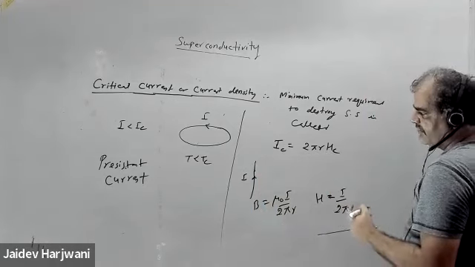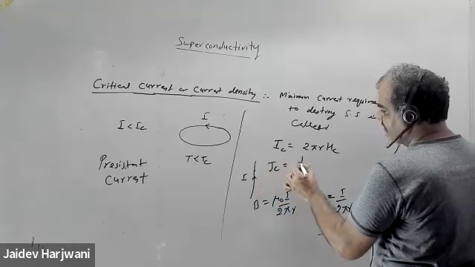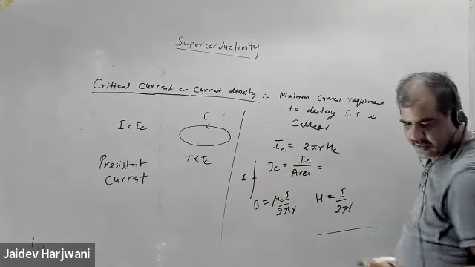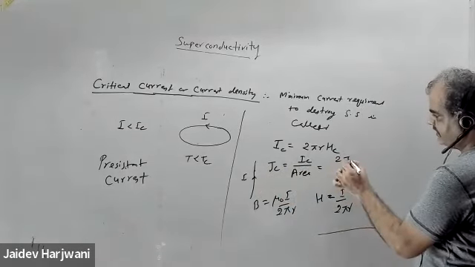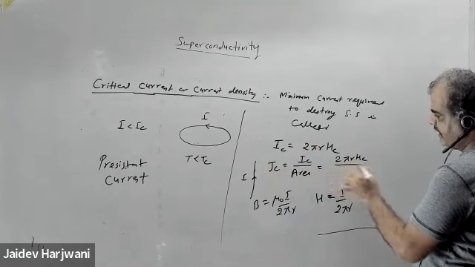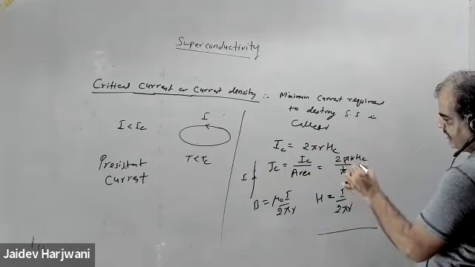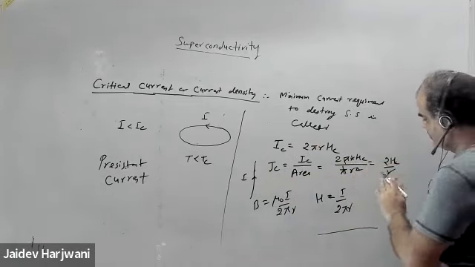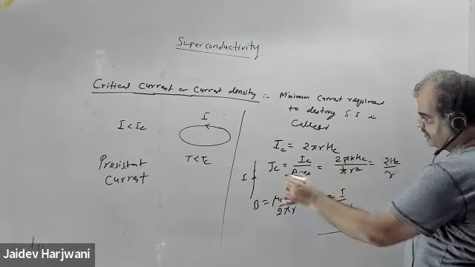Similarly, if I want to calculate the current density, Jc is Ic by area. Ic is 2 pi R Hc, and the area is pi R square. So pi by pi cancels, R cancels, and this becomes 2 Hc upon R. This is the formula for your current density.